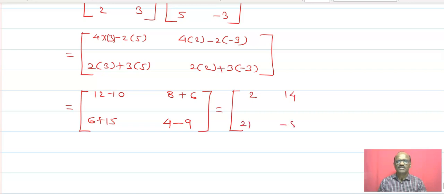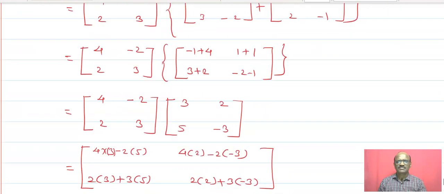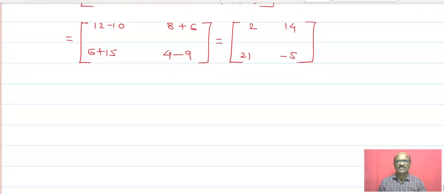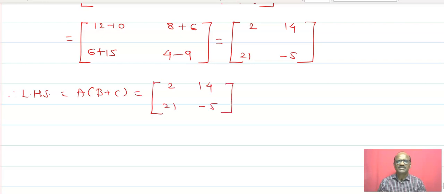That is 2, 14 and 21 minus 5. Now see this, that is the LHS, A in bracket B plus C.